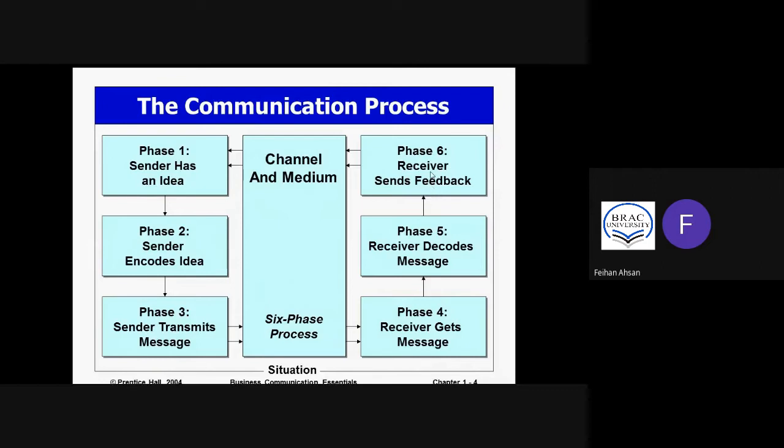Now, in phase 6, the receiver sends feedback back to the sender or whoever sent the message. Now, this completes the communication process, but obviously, phase 6 might not happen all the time. If it is a one-way communication where you just understand the message, then the communications process stops at phase 5. You don't have to send a feedback. It's not mandatory. But sometimes you might.